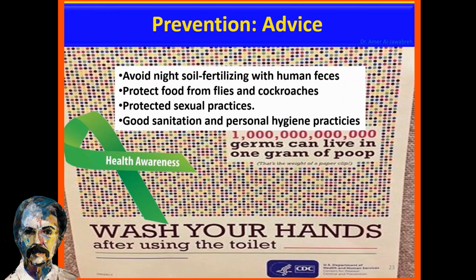If you have a fridge, then it's okay. If not, you have to cover it. Protected sexual practices. These are for some cultures where sex is open. Good sanitation and personal hygiene practices. So all the time, be clean. You, your children, your family, and even the house and the suburb around you.